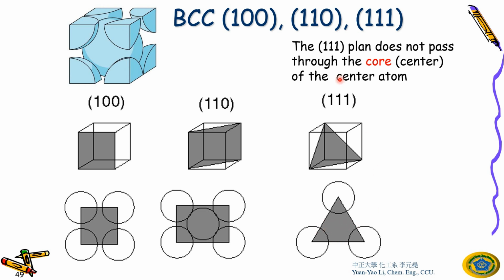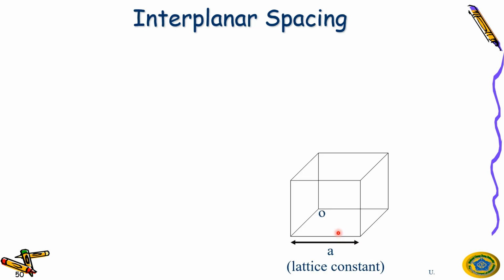Because the 111 plane does not pass through the core of the center atom. So it doesn't pass the core here. So that's why we regard this plane as having no atom in the center.